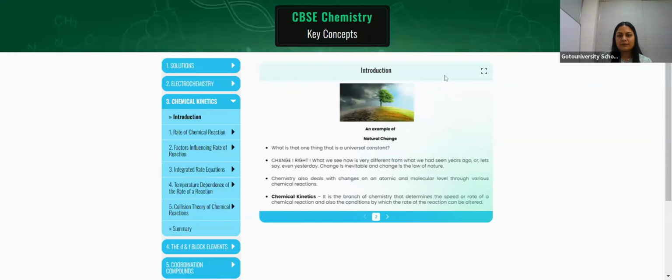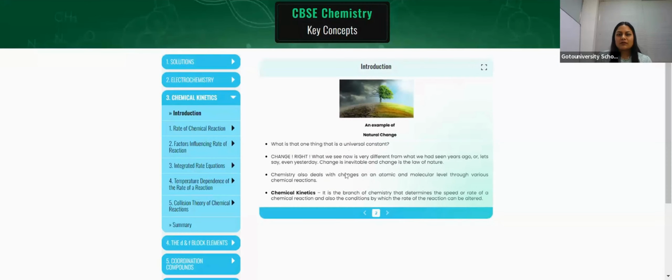What is chemical kinetics? Right. So if you can see a slide here and read it out, what is that one thing in the universe that is constant? So can you tell? That is change, right?